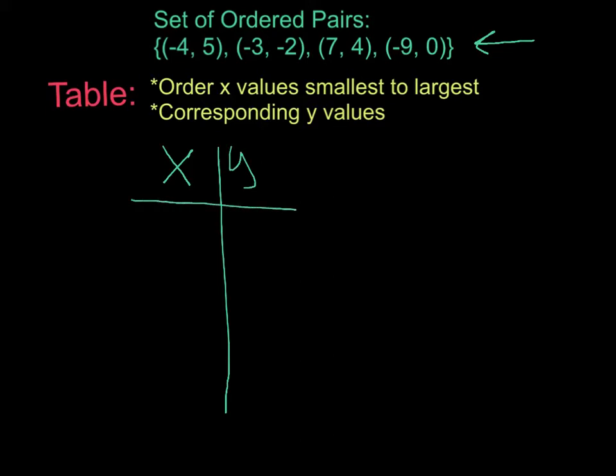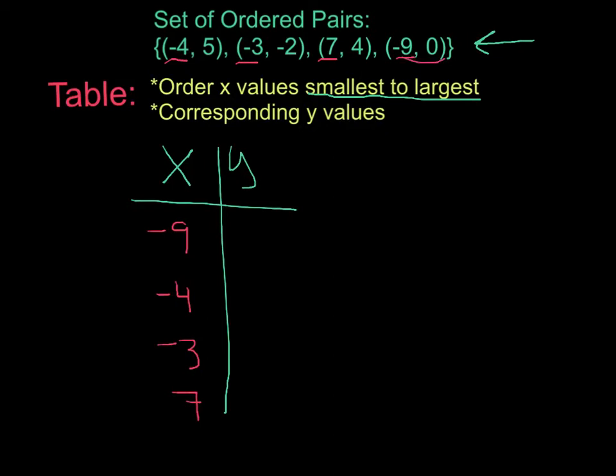Generally, your x values will be listed smallest to largest. X values are always the first number. So let's find all of these and list them smallest to largest. And now you can list the y values next to the corresponding x values.